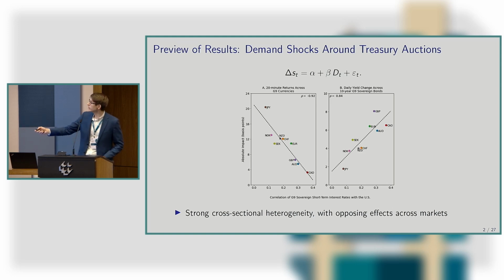On the other hand, if you look at a country like Japan, where the short rate correlation is pretty low, you have a huge response in the FX space and a relatively low response in fixed income. So you have this beautiful opposing pattern of negative correlation in the FX markets, accompanied with a positive correlation in bond markets. That's our fourth result.